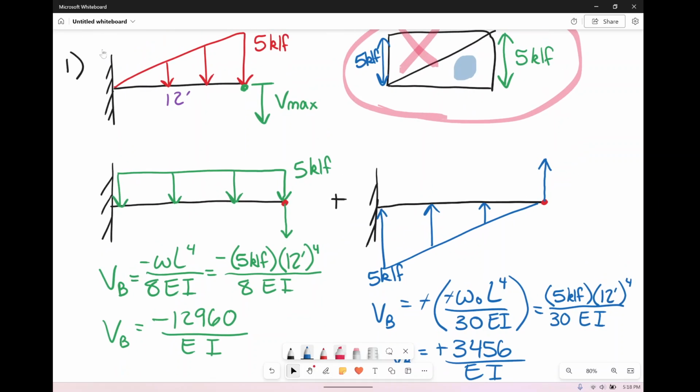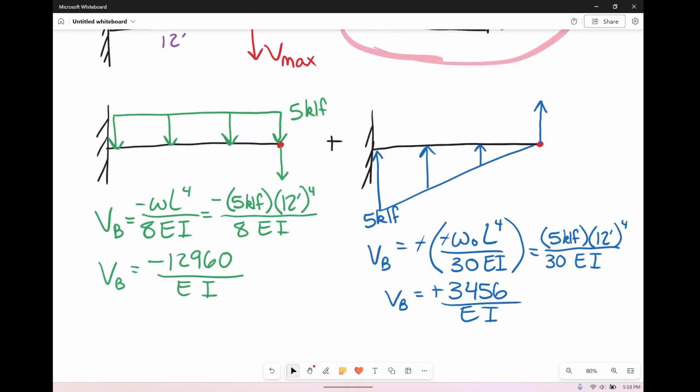So my total, should probably have written it in the correct color, right? My total here for my deflection going down is going to be the green one plus the blue one.